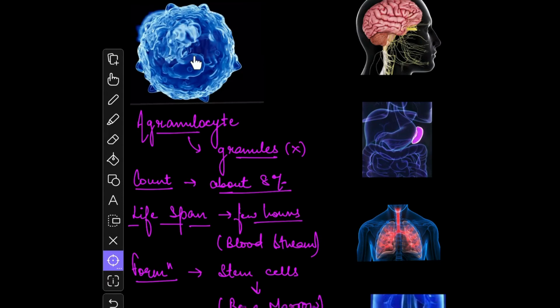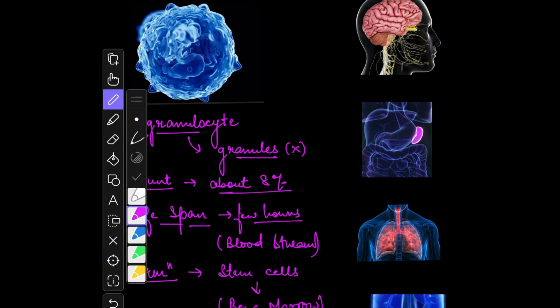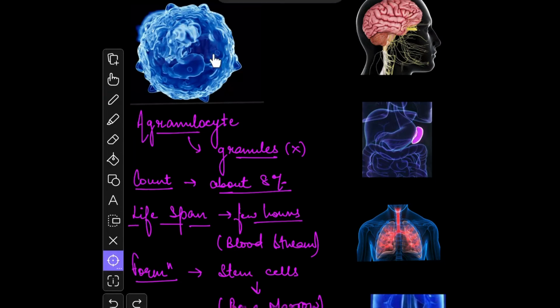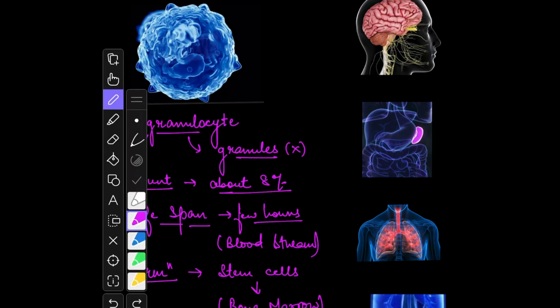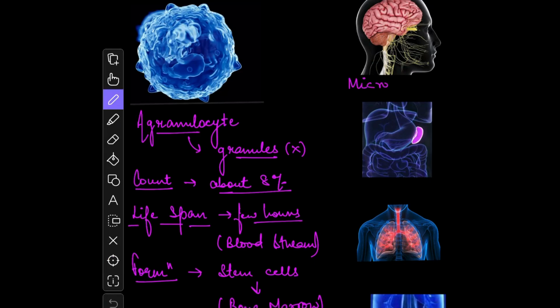Now as soon as this monocyte leaves the bloodstream, they may enter into different tissues. Once they enter into the different tissues, they are named accordingly. For example, if these monocytes take residence in the central nervous system, then they are called microglia.